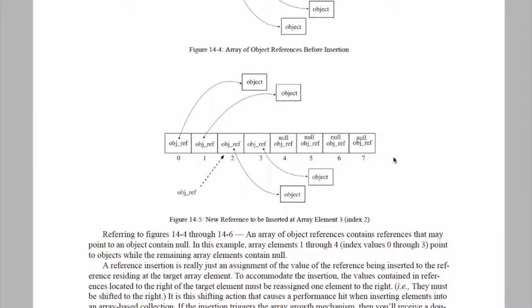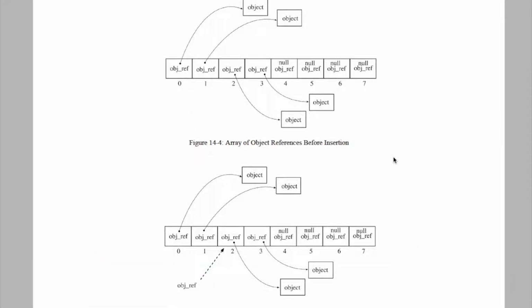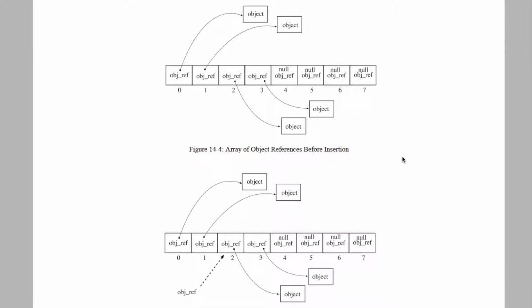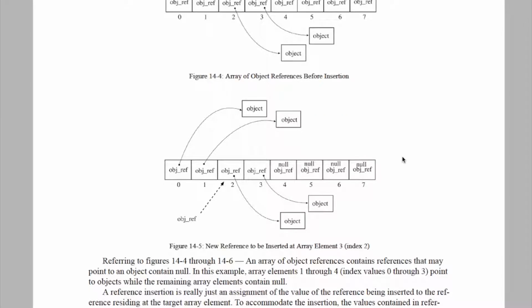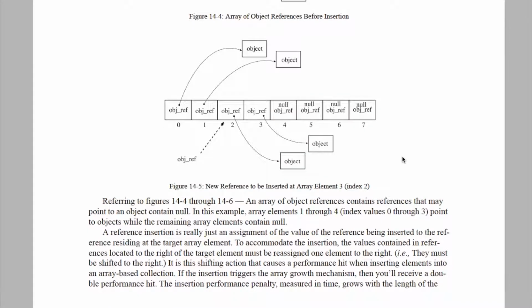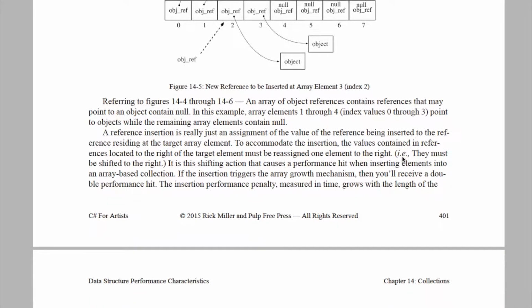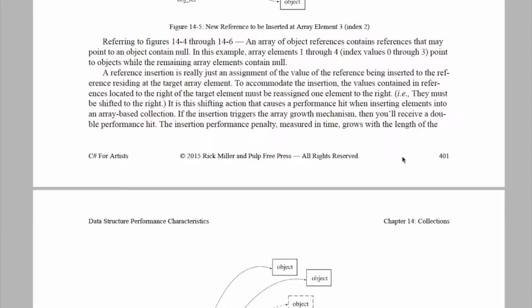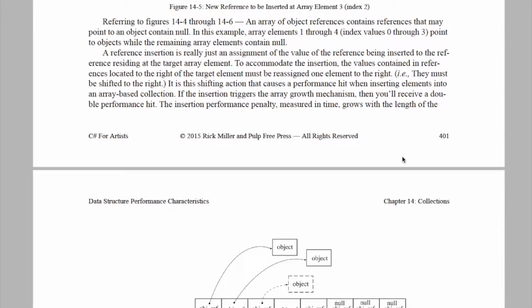So that's the downfall of using an array as an underlying data structure. The benefits are it's fast. As soon as the array is populated, you can get to each element lickety-split. But if you need to insert elements, then you take a potential performance hit, and this performance hit grows as the number of elements grows.